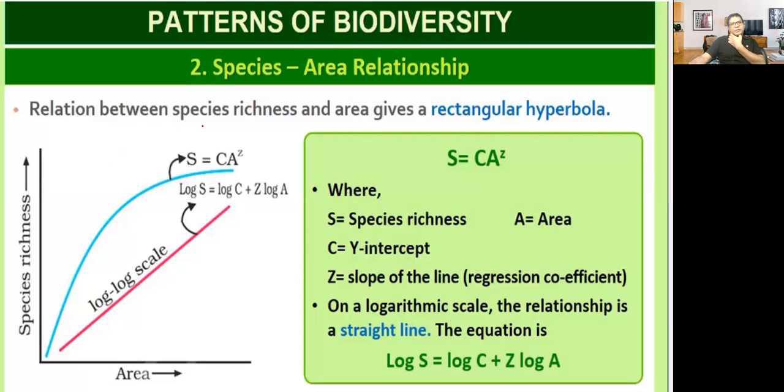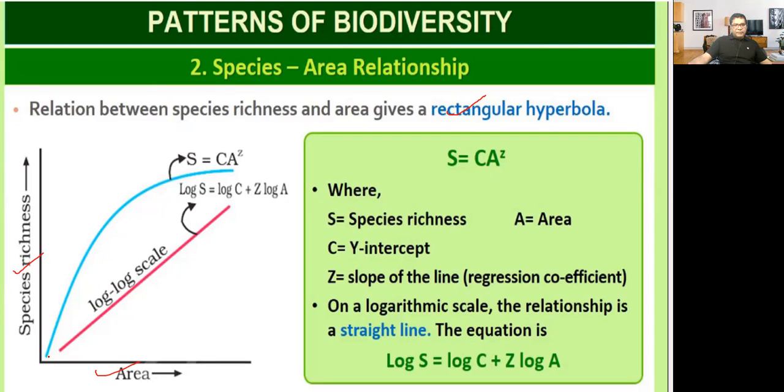The relationship between species richness and area gives a rectangular hyperbola. Here, a graph is plotted between two factors, area and species richness.